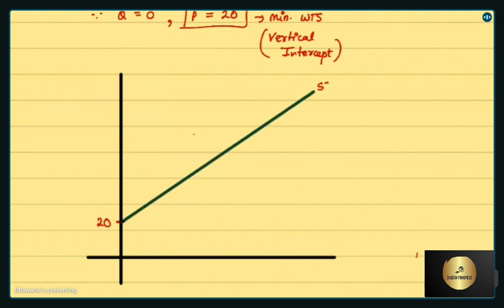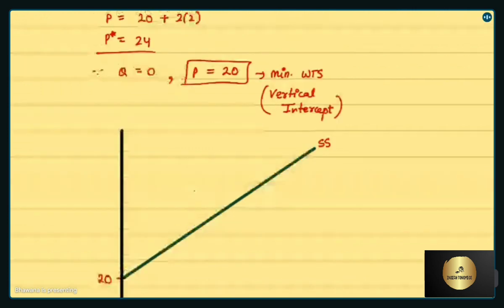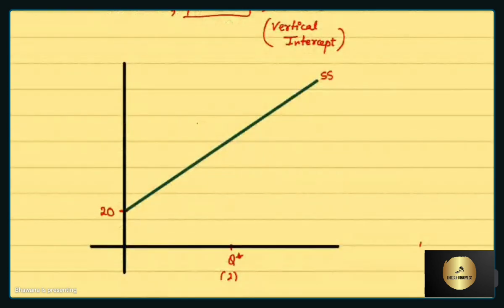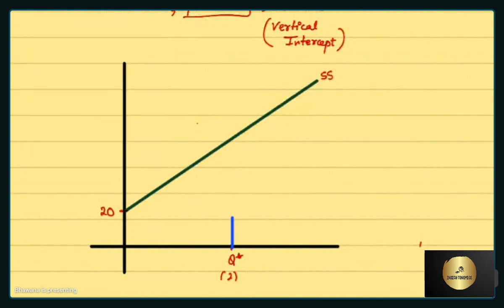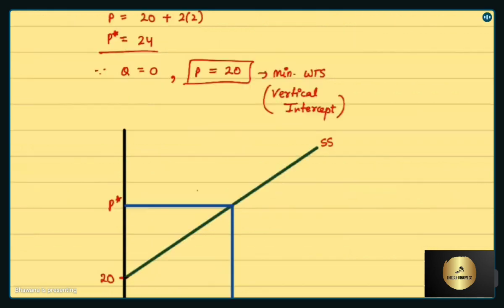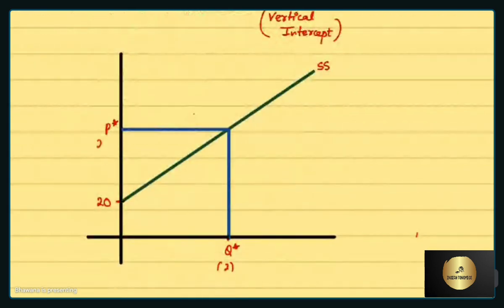This is your supply curve because this is a linear function. And your Q star, this is your Q star, 2. Okay. And what is your P star? 24. At this Q star, a producer is actually charging this P star, which is equal to 24.